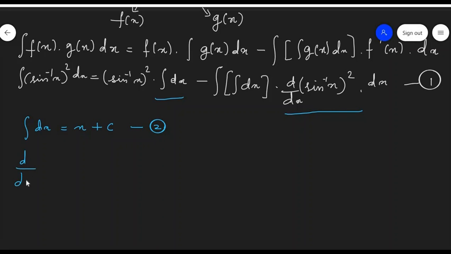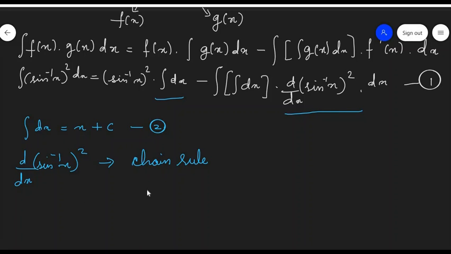Now d/dx of (sin⁻¹x)². This can be calculated using the chain rule of differentiation, which simply says that we start differentiating from the outermost function and proceed inwards. So first we are going to differentiate this whole square. If we had t², we could differentiate it as 2t.